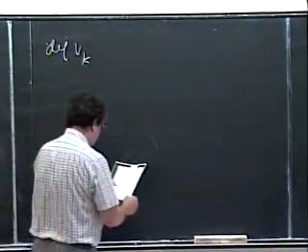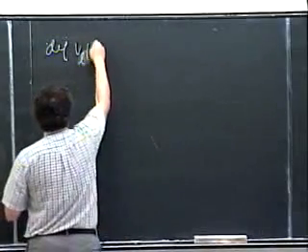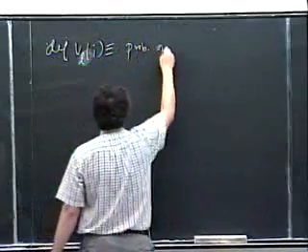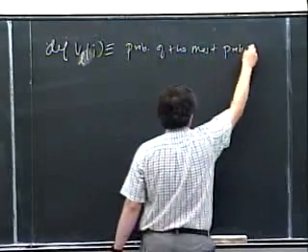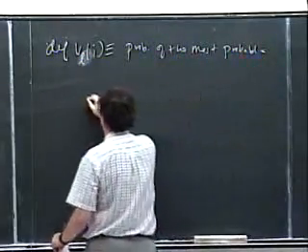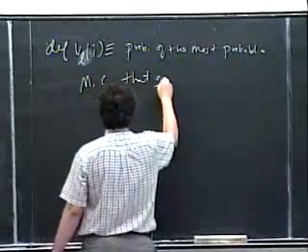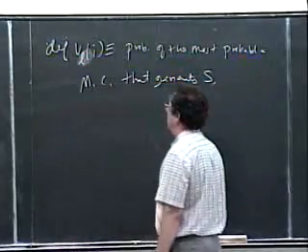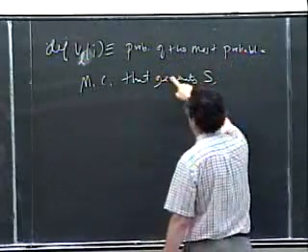Okay, so V(L, i) is defined to be the probability of the most probable Markov chain that generates S. Okay, over all the Markov chains that generate S, this is the probability of the most probable one.